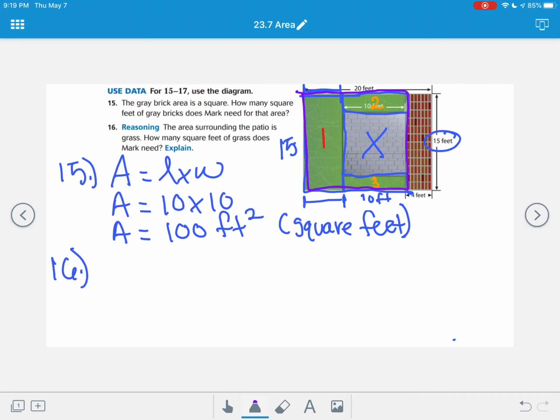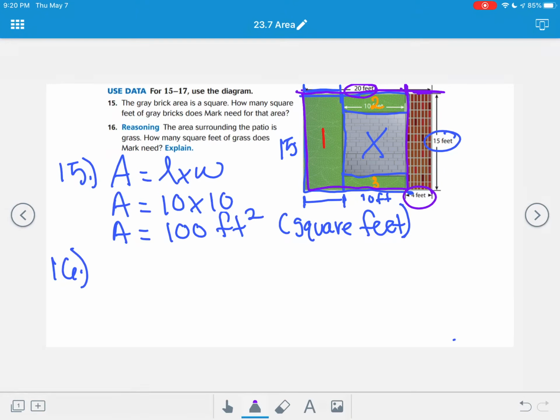So let's work first with the second method I mentioned, which is finding the area of that purple area that I just outlined, the whole grass and gray brick combination. So I know that this entire patio from the red brick to the edge of the grass is 20 feet. It tells me that up at the top. However, we don't need the brick part, so we're going to want to cut that off.